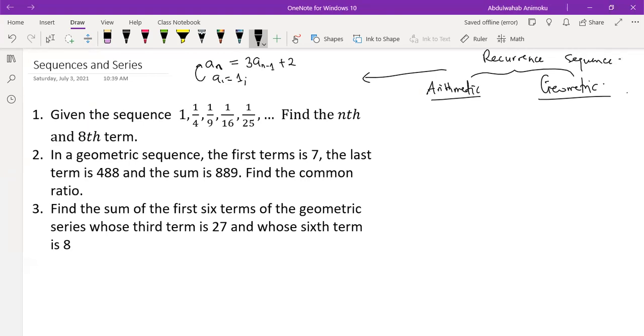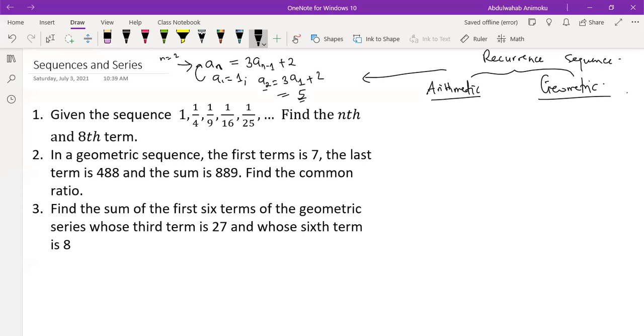So let's say you want to get A2, you need to know A1 because when you substitute n equal to 2 here, you get A2, which is 3 times A1 plus 2, and this will give you 3 times 1 plus 2, which is 5. And this is how you're going to get all the other terms in this sequence.